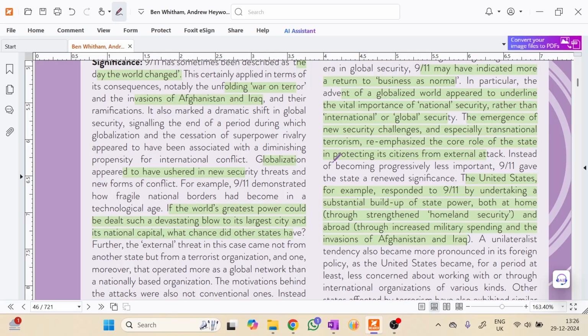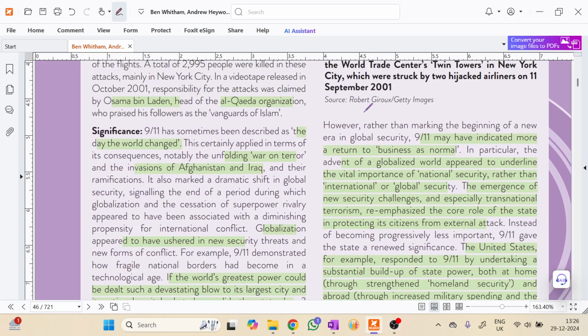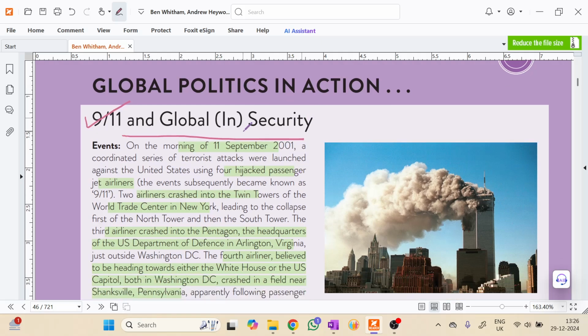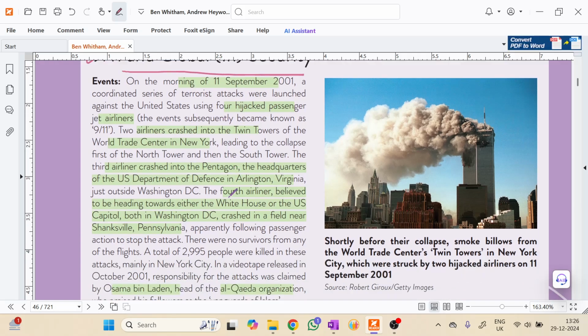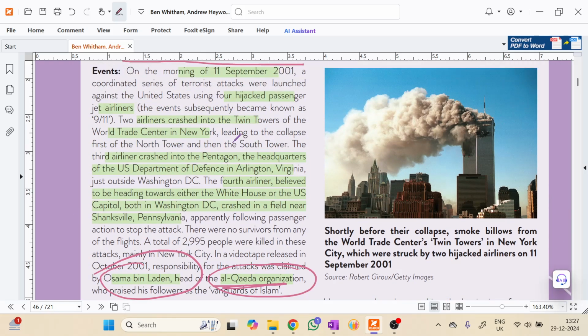Then let's have a look at the 9/11 September 11 attack on the twin towers of the World Trade Center, which was perpetrated by the alleged terrorist organization Al Qaeda, whose leader was Osama bin Laden.